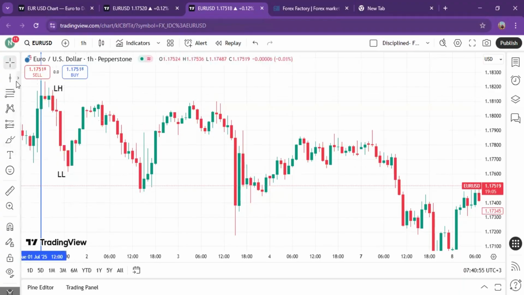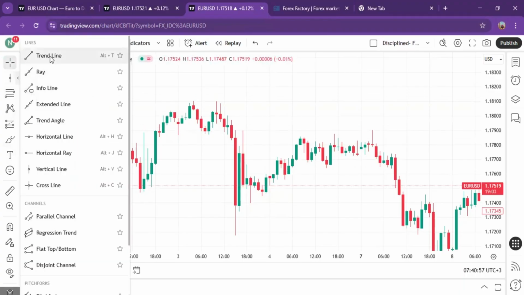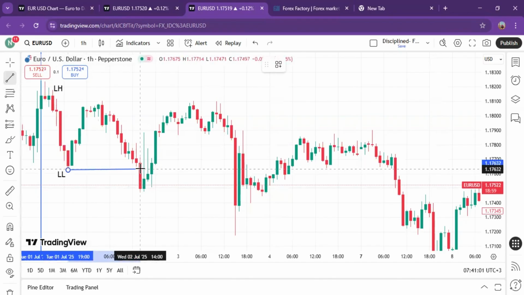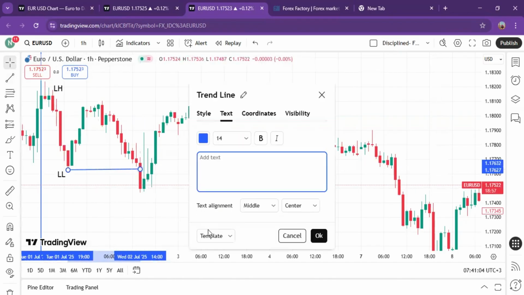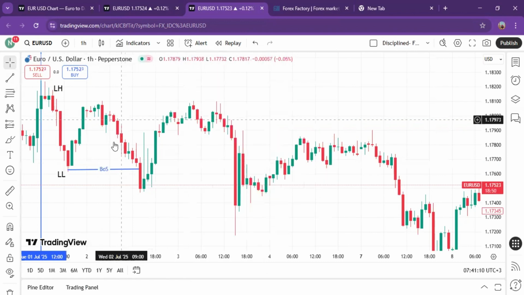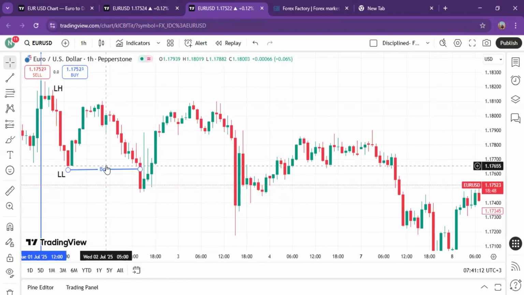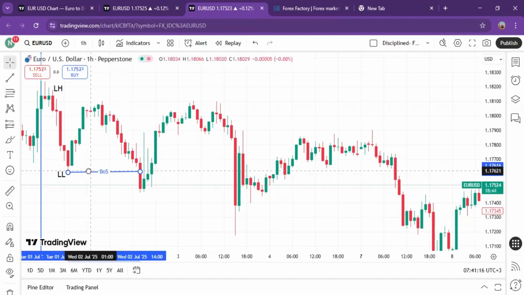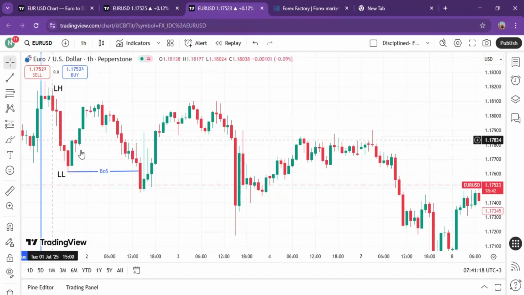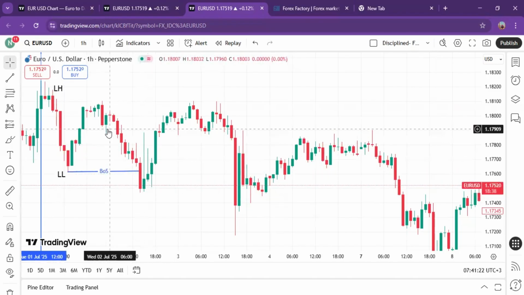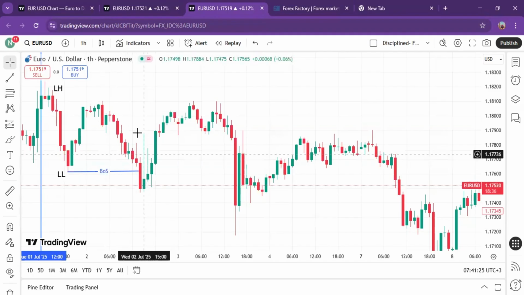The market breaks structure to the downside, so we have a valid break of structure at that point. When I'm marking the break of structures, I usually consider marking them on the 1 hour time frame. So we have a break of structure, and you can see that we have imbalance. You know that sellers are dominant in the market.